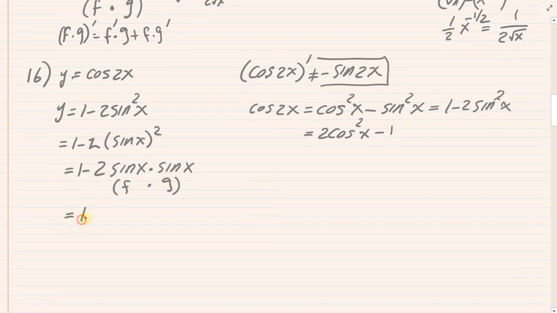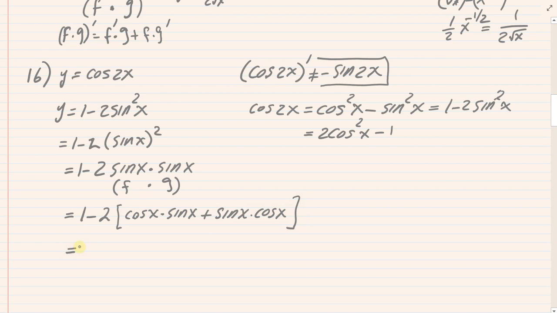So that's going to be 1 minus 2. Now, sine x times sine x, the product rule. You take the derivative of first, derivative of sine is cosine, times second, plus first times derivative of second. Okay.